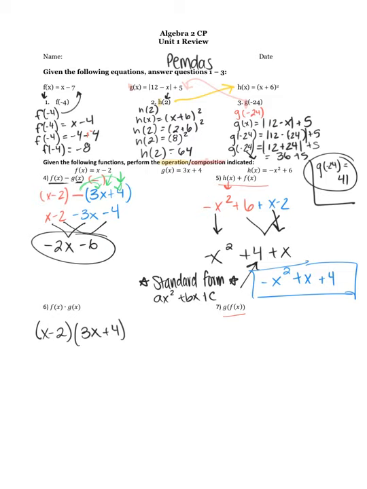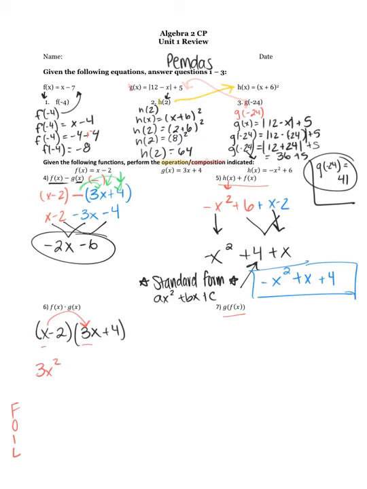So this is what you call FOIL. Okay? FOIL. So how we FOIL is we multiply. Remember when we were multiplying? We multiply our first two terms. So this is my first term and this is my first term. So x times 3x is 3x squared. Okay? Then I need to do my outer terms.